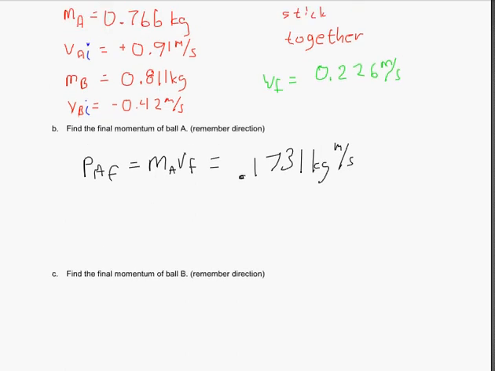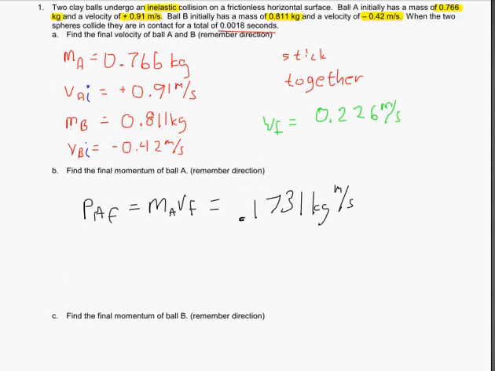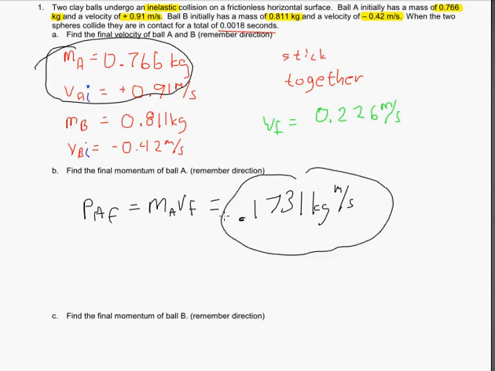So I've got this. I'm going to go these two multiplied by each other. This is my VF minus these two multiplied by each other. So I'm going to go this answer minus 0.766 times 0.91.